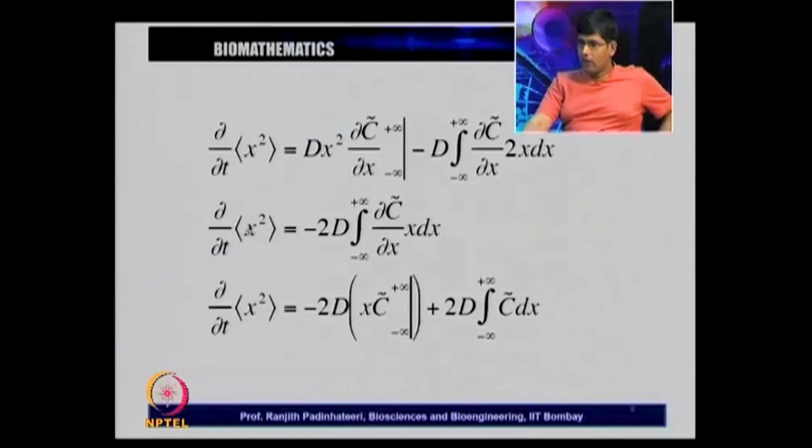So, del by del t of x square average has to be minus, I take this 2 outside, 2D integral minus infinity to infinity del c tilde by del x into x dx. So, you have this function now. Now, you can do the same way, integrate by parts once more.